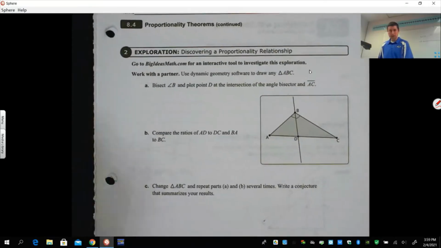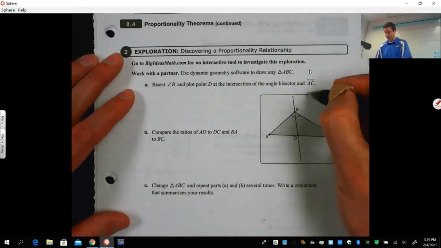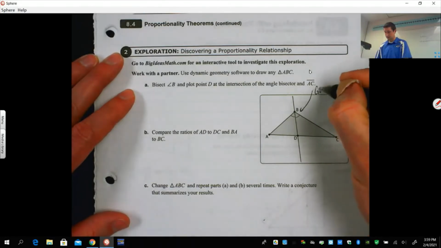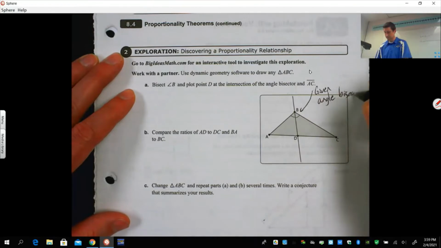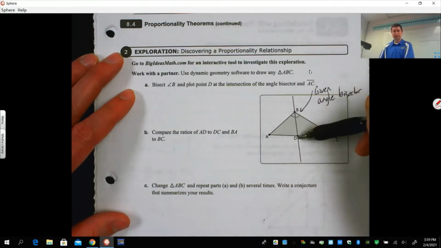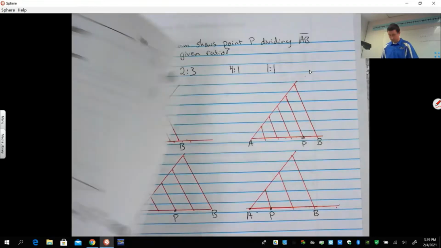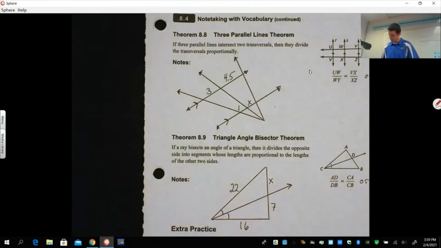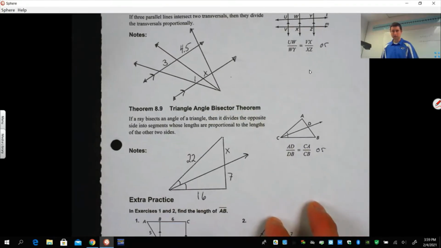The other type of picture you're going to see is a triangle that has an angle bisector. It's going to cut the opposite sides proportional to the sides that they're related to. This shows up in Theorem 8.9, which is referred to as the angle bisector theorem.